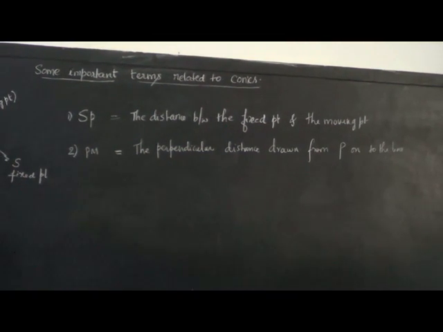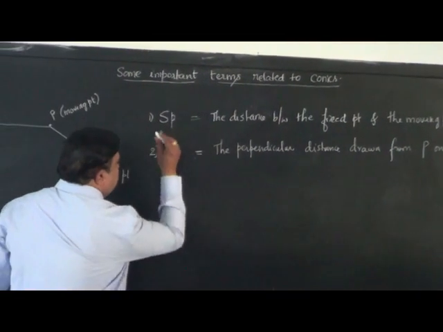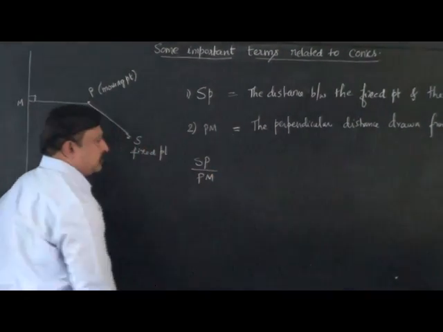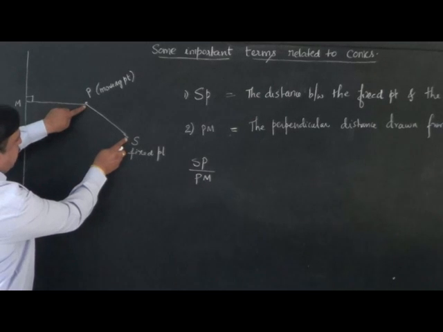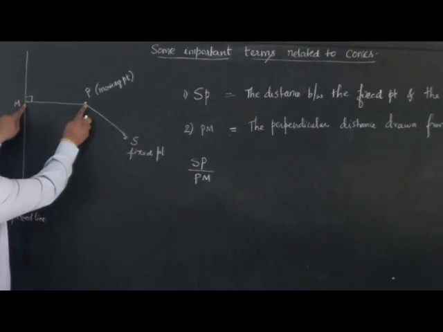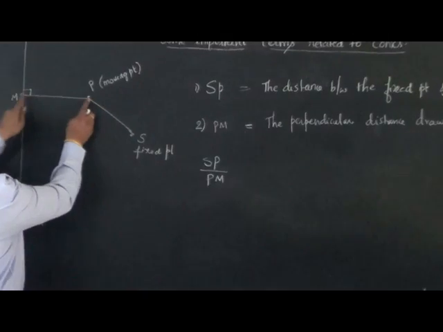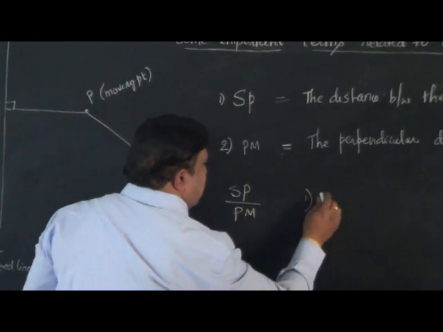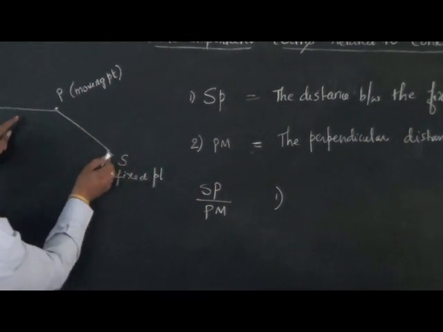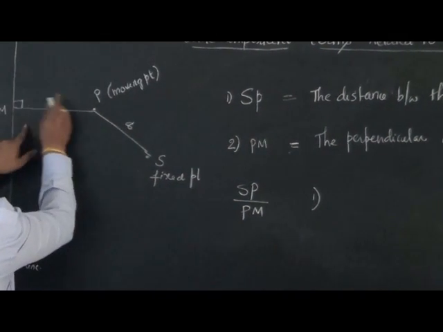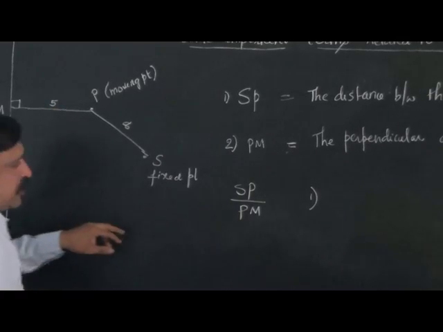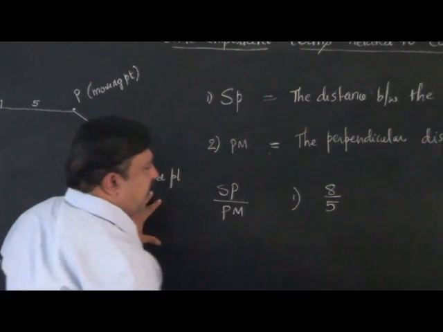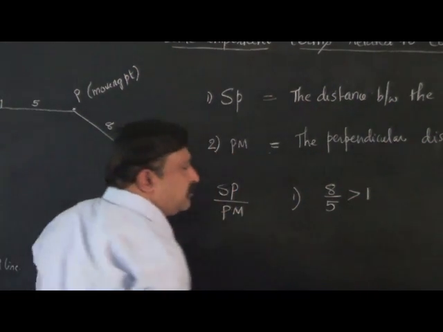Now we have the ratio of these two distances, the length of SP divided by the length of PM. Let's assume that SP is 8 centimeters and PM is 5 centimeters. Then the ratio becomes 8 by 5, which is greater than 1.